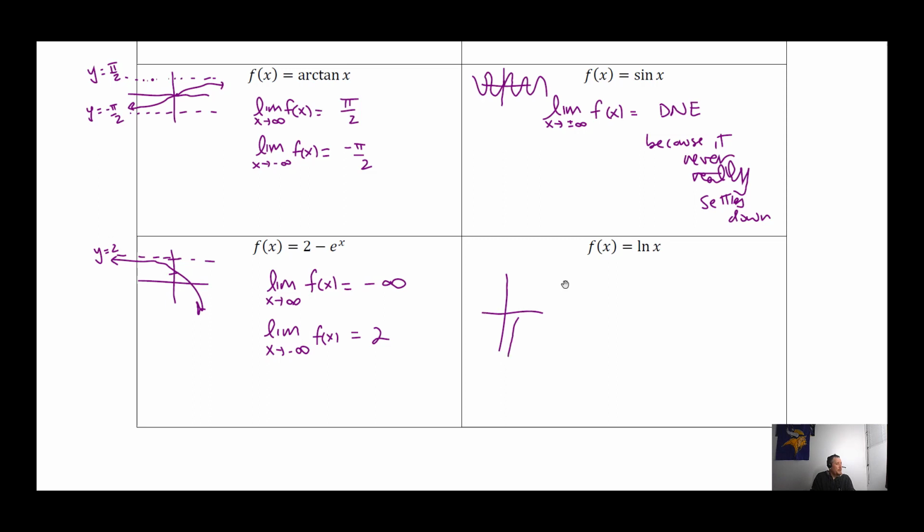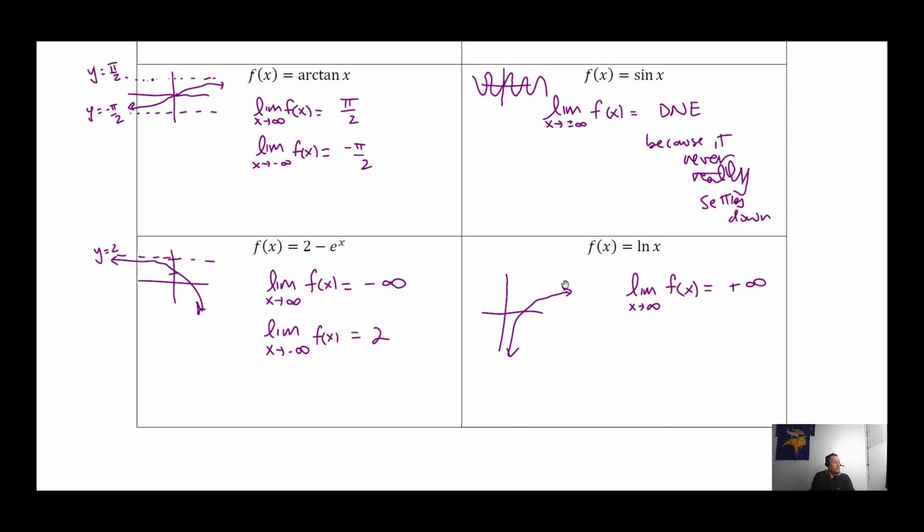Final example, ln of x being the inverse function to e to the x means that it's growing. It's a reflection again of the standard parent e to the x over the line y equals x. So now we're seeing a function whose limit as x goes towards positive infinity is going to yield positive infinity because it'll constantly grow and grow and grow.